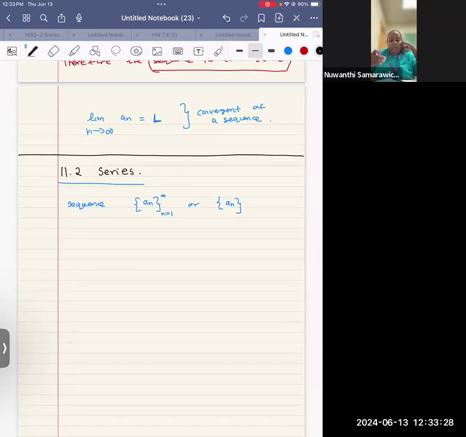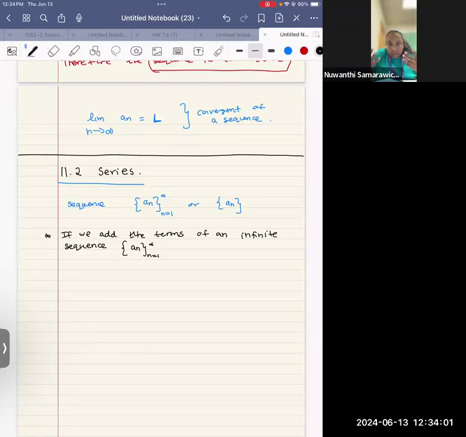But if you take the sum of all the terms in the sequence, so let's say if we add the terms of an infinite sequence, that means we add all the terms in the sequence.